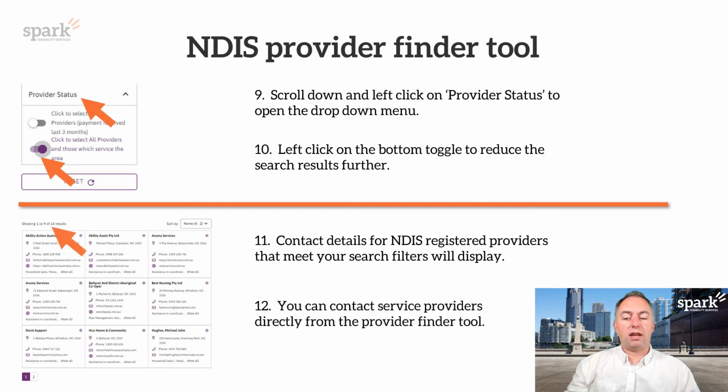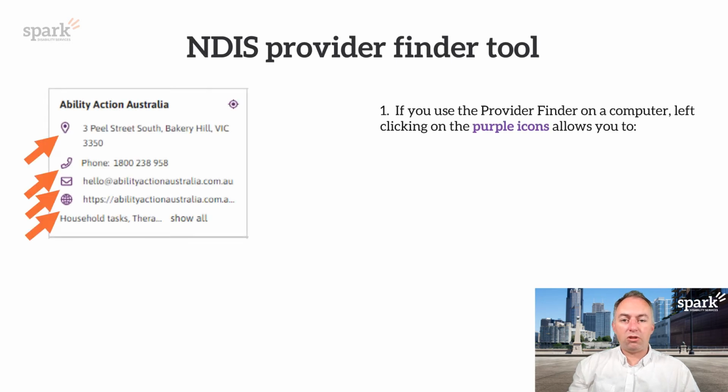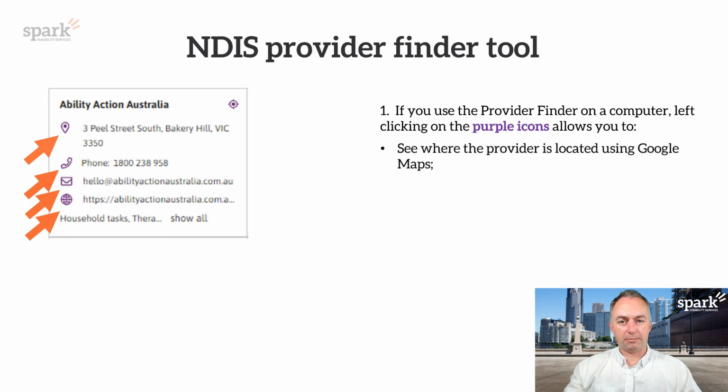So to contact providers from the Provider Finder tool, you can do that directly from the NDIS website. If you're using a computer to access the Provider Finder tool, then you can click on the little purple icons, the purple pictures next to the provider's contact details, and they will let you do certain things.